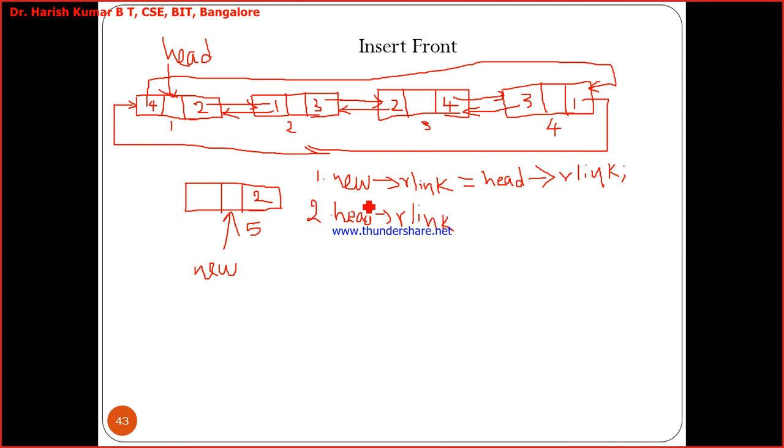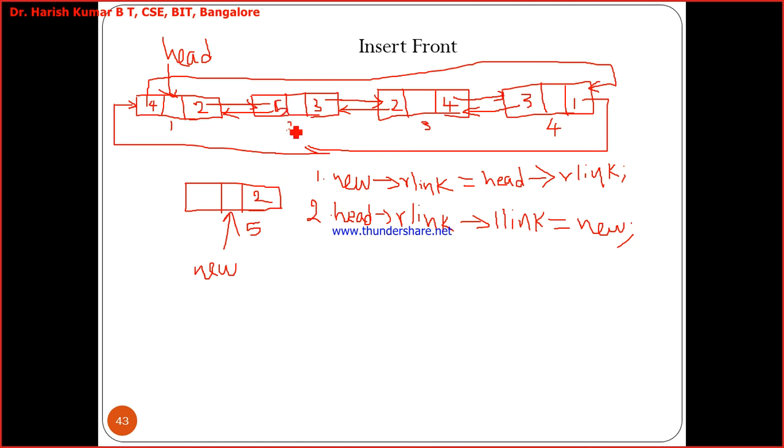So head arrow R link is address of this node. So in this node, which field I have to access? Left link. Again arrow L link. Now using head, which is pointing to this node, using the arrow operators I have accessed this field. Is equal to, what is that I need to write? New. So now this 1 gets overwritten by 5.